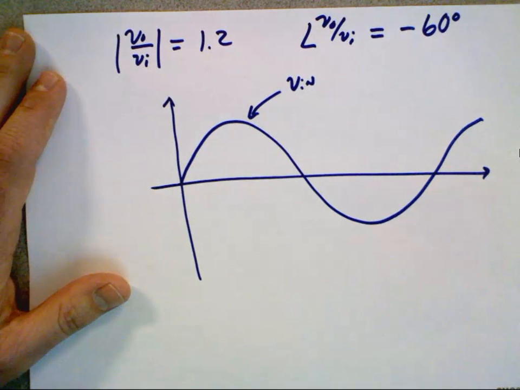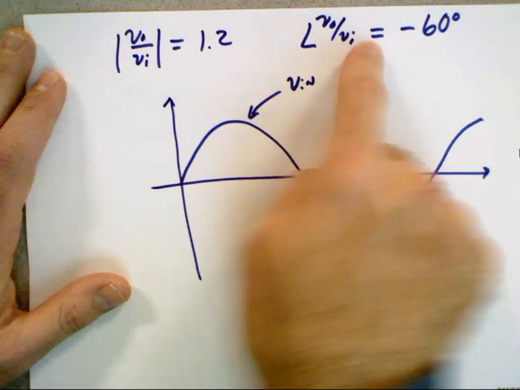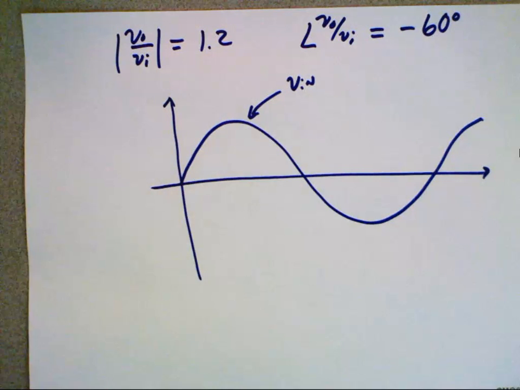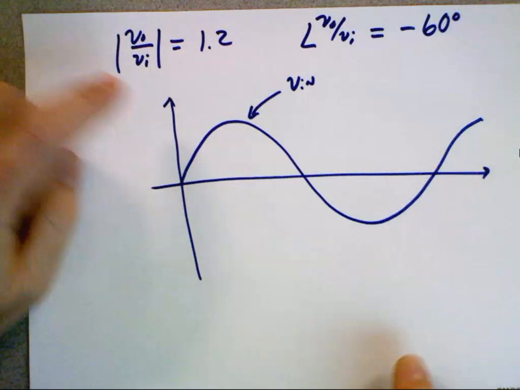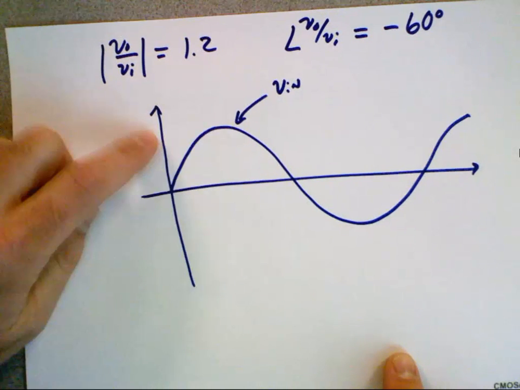When I do a frequency response and I have parameters like this, what can I say about the frequency of the input and output? They've got to be the same. I can't compare the input and output at different frequencies because then phase shift and all that doesn't make sense. Does everybody follow?